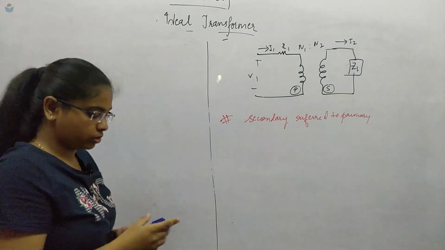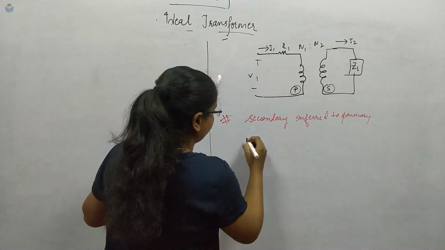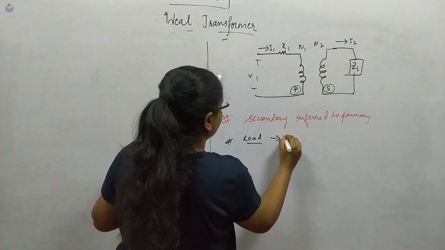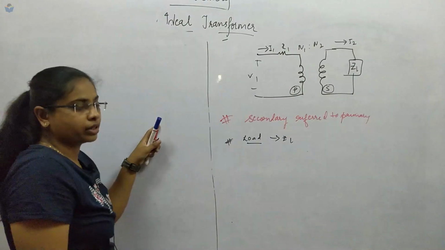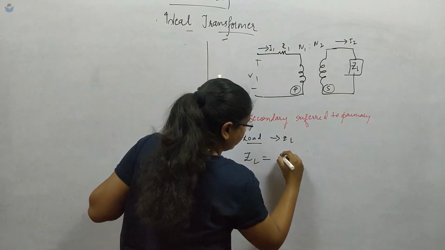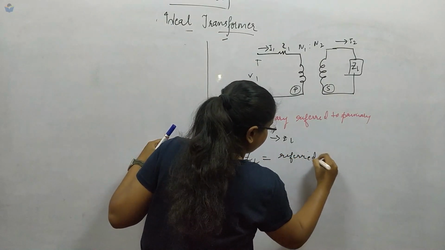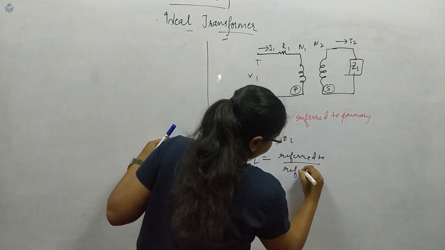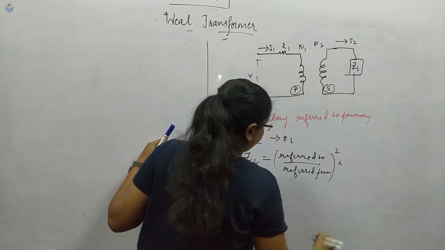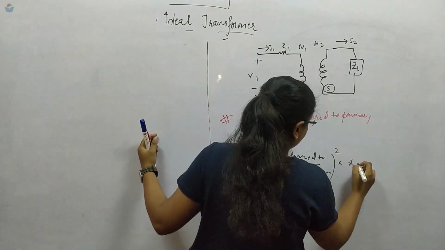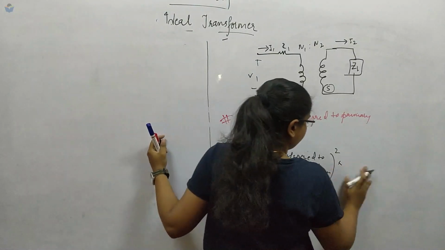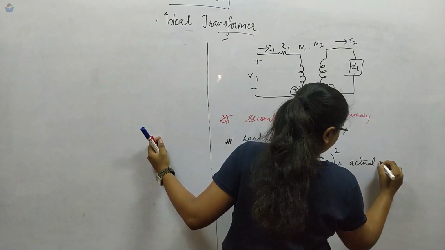What is the formula to do that? We will take the first parameter as the load. We shift the load ZL to the primary, referring it to the primary. ZL dash will be equal to the referred-to over referred-from, whole square, into ZL, the actual value.